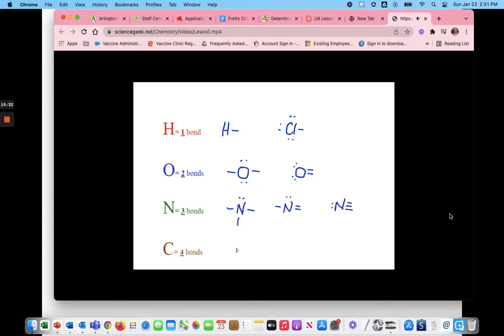So carbon's possibilities are going to look like this. Carbon can form 4 bonds. It could be 4 single bonds. That gives it an octet, no need for unshared electron pairs. Carbon could form a double bond and 2 single bonds for its 4 bonds.